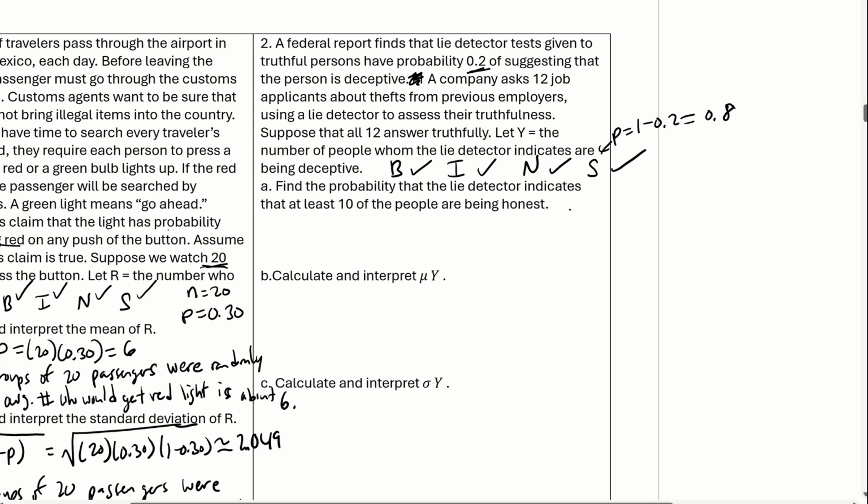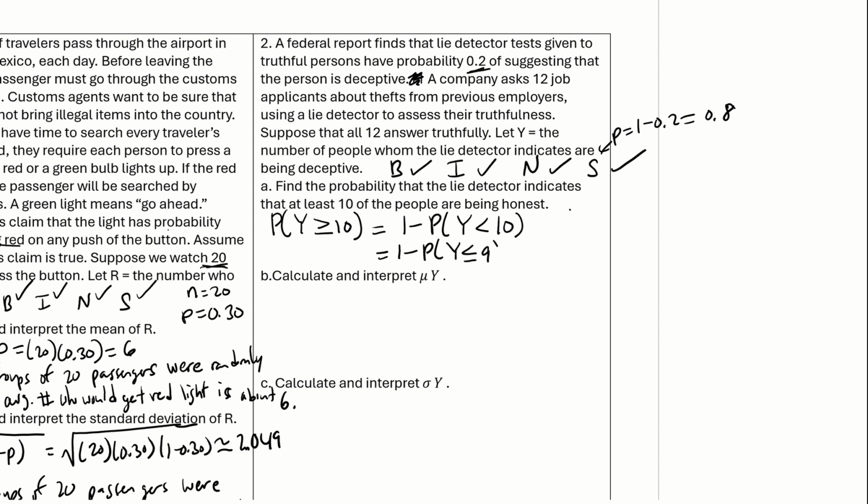Okay, so we want the probability that y is greater than or equal to 10, at least 10 people, right? The opposite of greater than or equal to 10 is less than 10, so it's 1 minus the probability that it's less than 10, which is the same thing as 1 minus the probability that it's less than or equal to 9. And so we can use the binomial CDF.